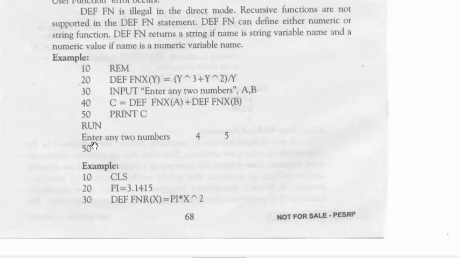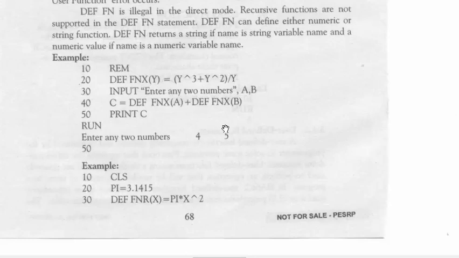Here, run, enter. We entered 4 and 5 first. This whole program will use 4 for Y, and after that it will use 5 for Y. Then we got the answer.